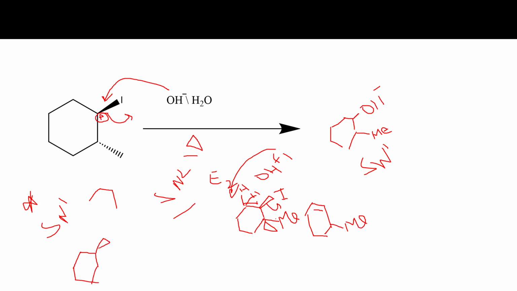But when we have this type, both the leaving group, this iodide, and the methyl are above the plane. So there will be hydrogens below the plane on both sides, and now two E2 products can be formed.